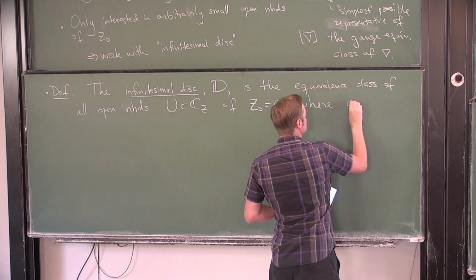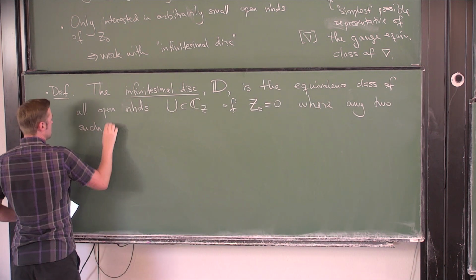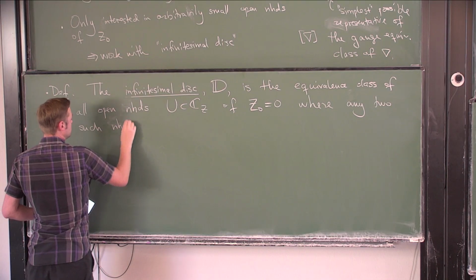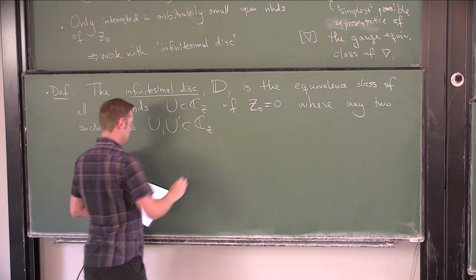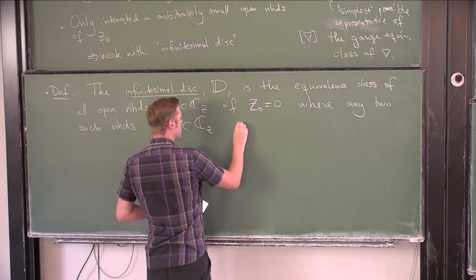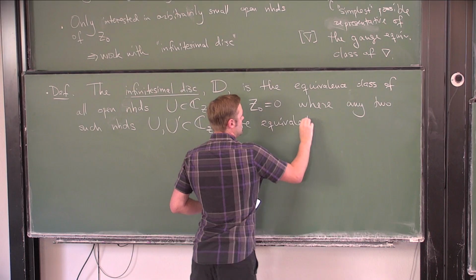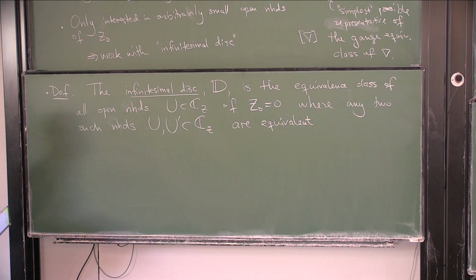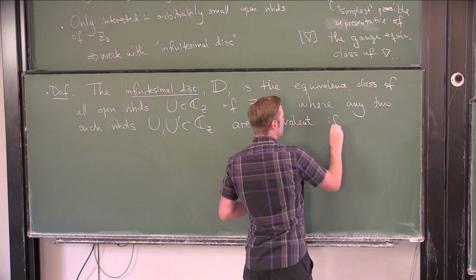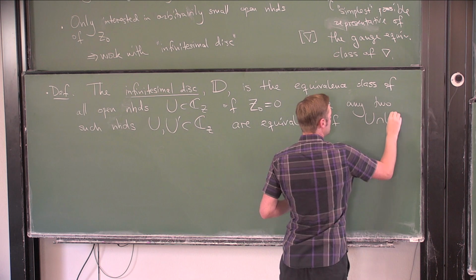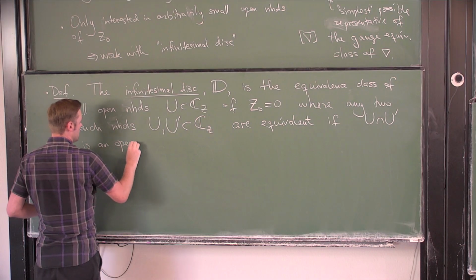Any two such neighborhoods, U and U prime, are considered equivalent if simply their intersection is a neighborhood of Z naught.